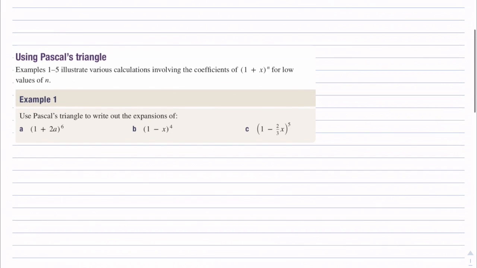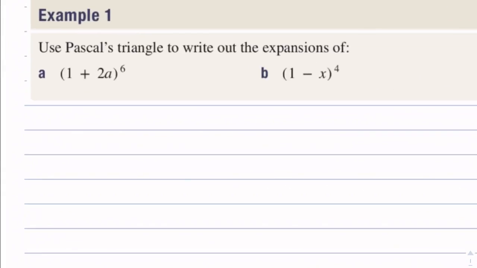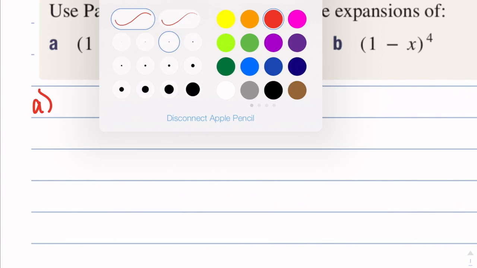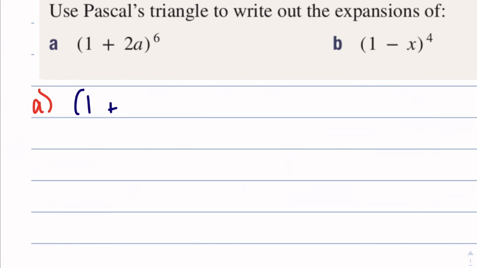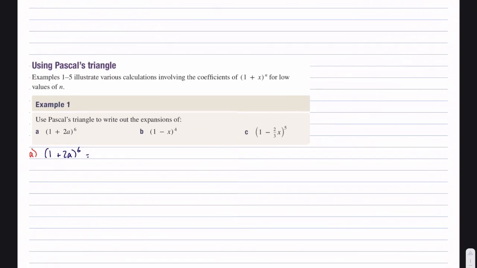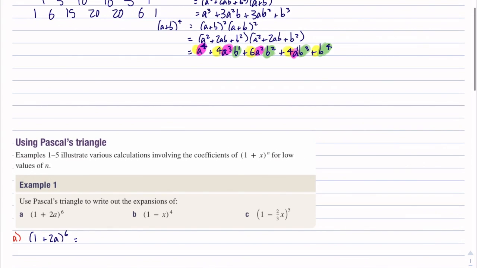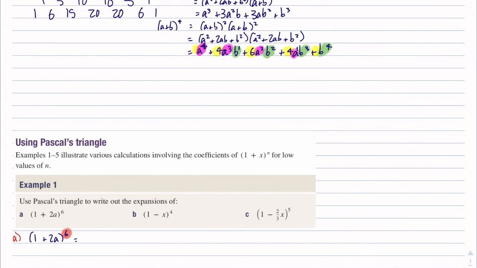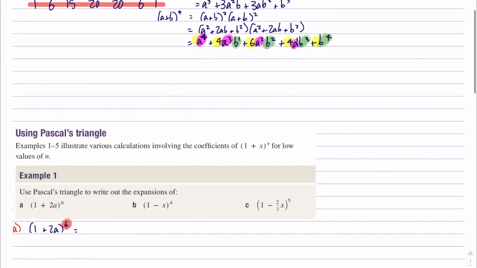Let's put this into practice. I'm going to go through all of these worked examples. So, for the first one, we have 1 plus 2a to the 6. Now, the way I like to do this is if I'm doing it to the 6, I will start off by putting down my coefficients and I'll give them enough space in between so I can put stuff in.